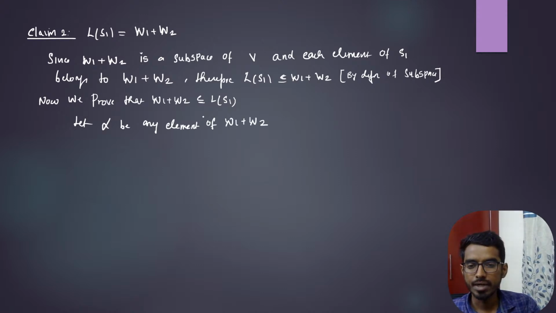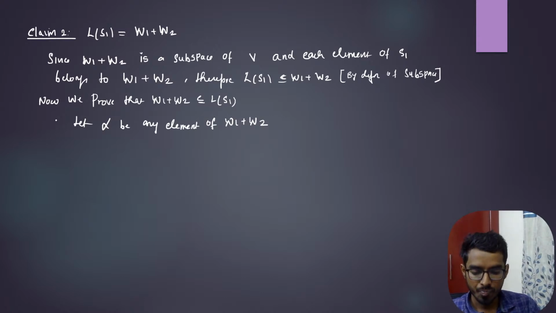I need to show that this alpha is in L of S1 also, right? That means this alpha can be expressed as a linear combination of the basis of S1, right?